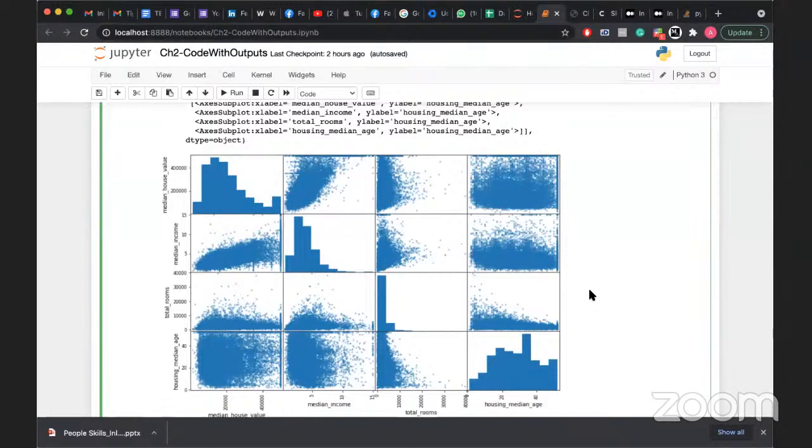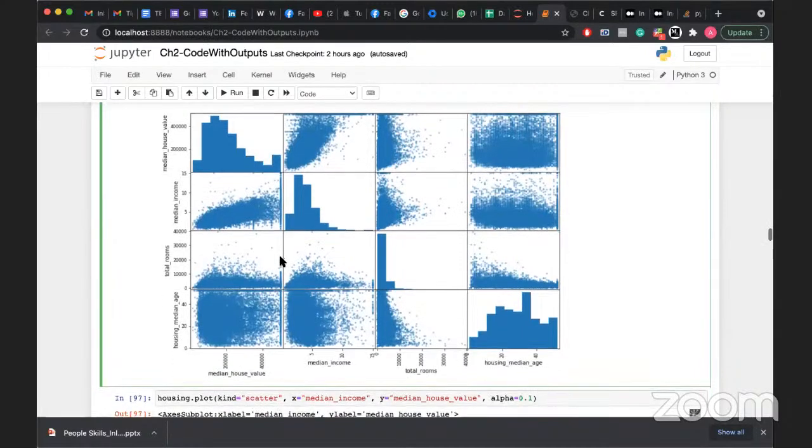So this shows every attribute plotted against every other attribute. Okay, good. So you're able to see all these plots.